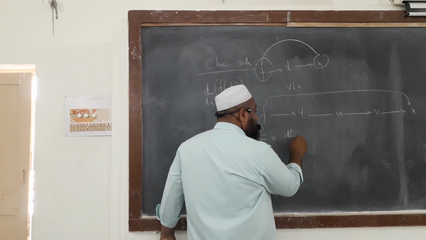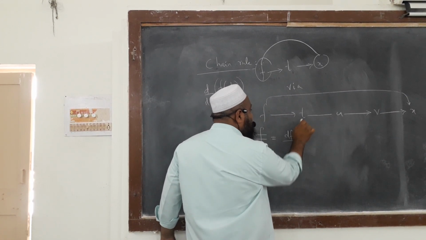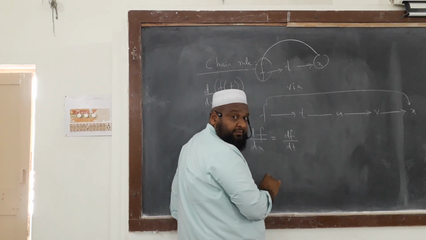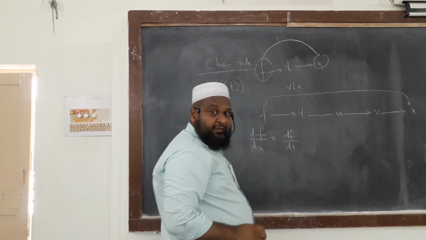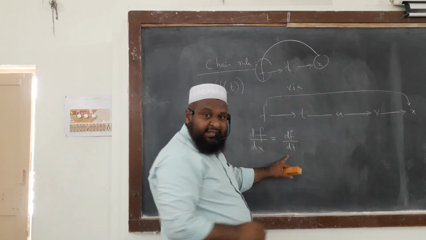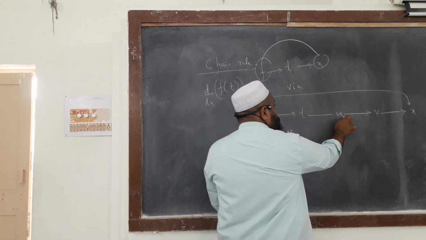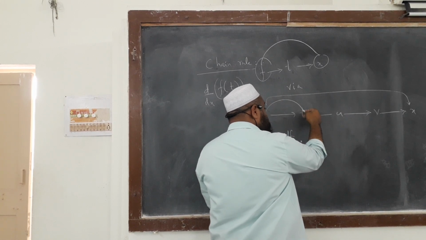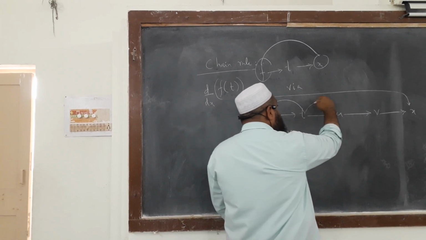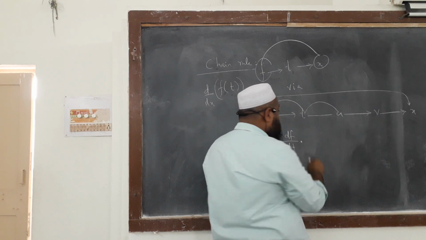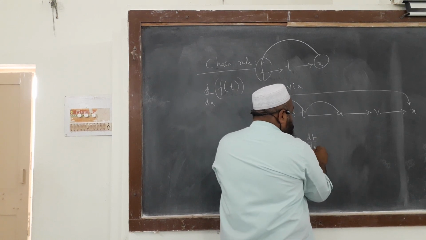Derivative of f with respect to t, then multiply with this level, derivative of t with respect to u, dt by du.